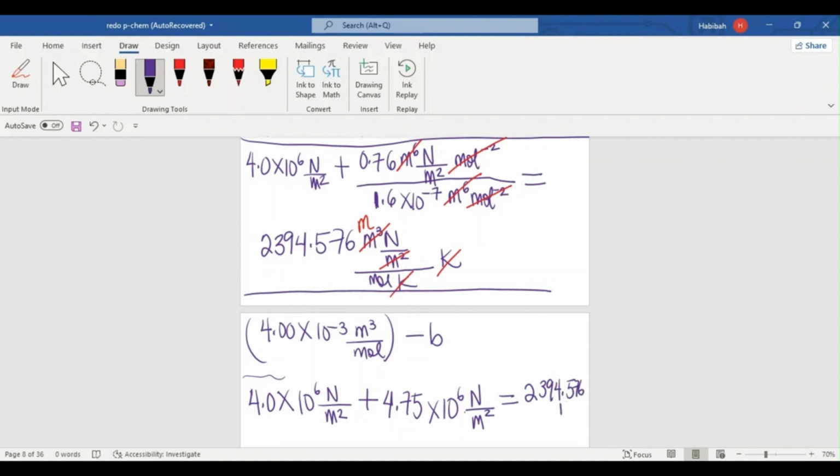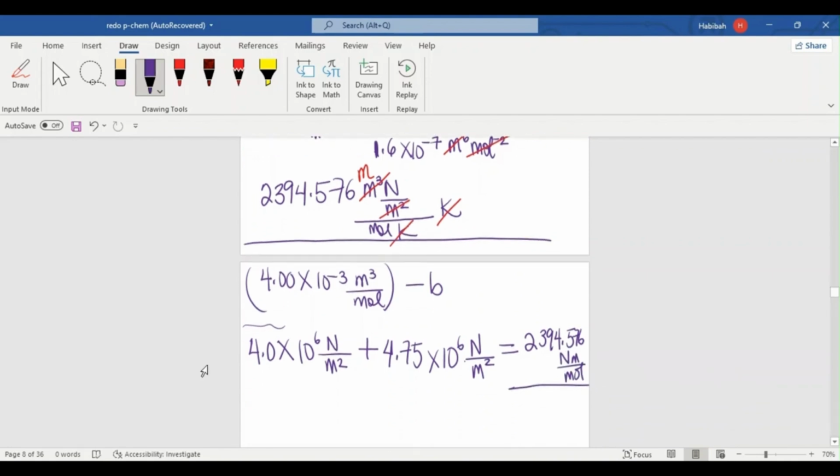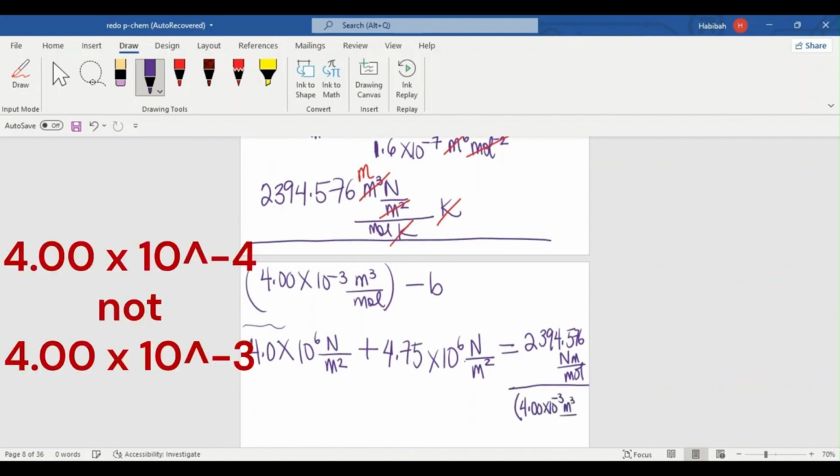So I'll write Newton meter per mole here. All of this information here divided by 4.00 times 10 to the power of negative 3 meter cubed per mole minus B. So that's it.